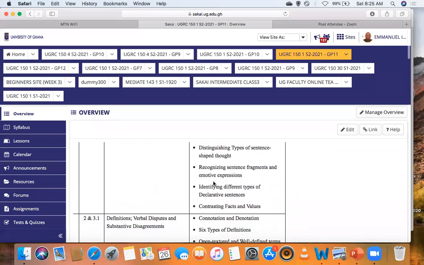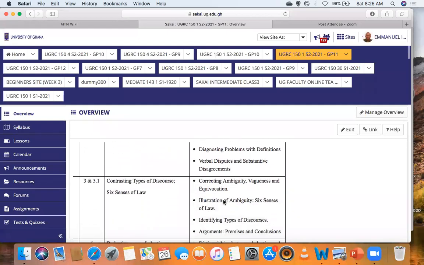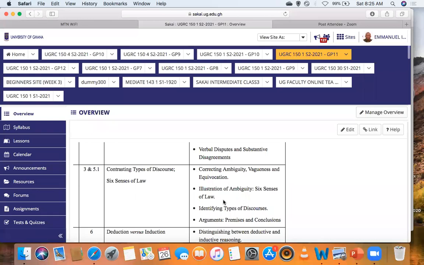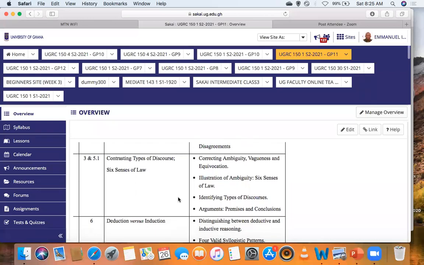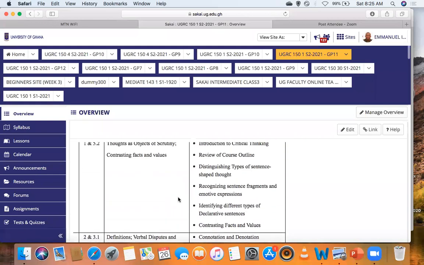So we are going to do this once now, and then for our next class we have definitions. So we'll do definitions, value disputes, and substantive disagreements. And then for the third class we're going to look at different types of discourse, and then the six senses of law. So that's for three classes.